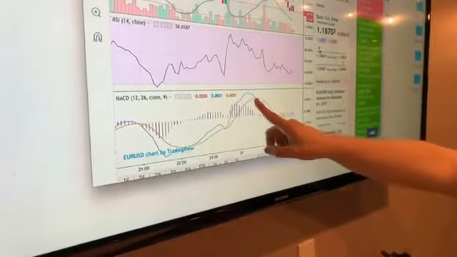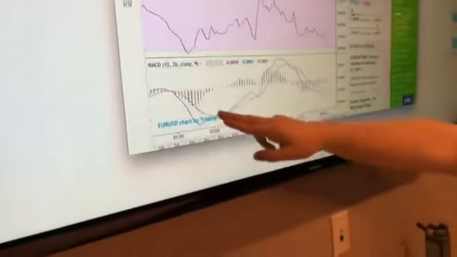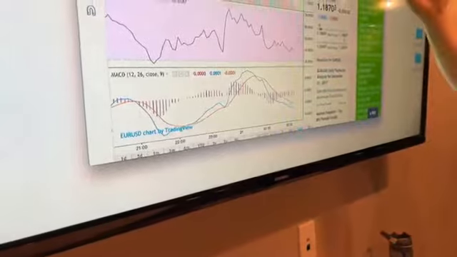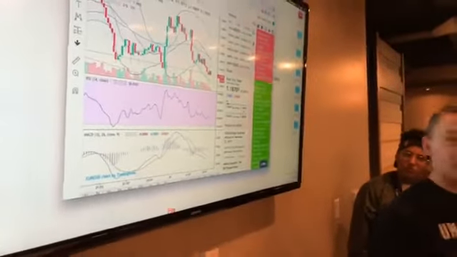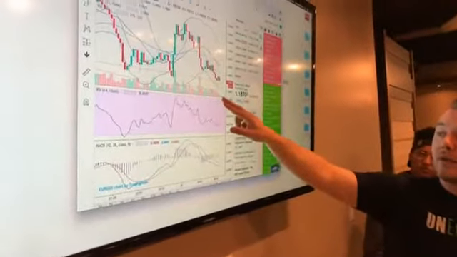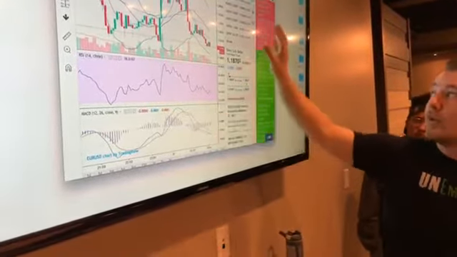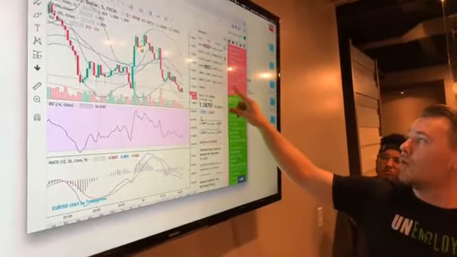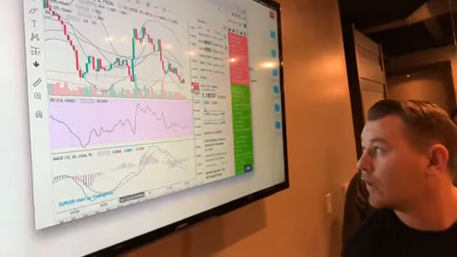When it's up here, this is a sell crossover. When it's down here and the blue line is crossing up above the red, that'd be a buy crossover. So if this was a sell, for some strategies, and we have over a dozen different strategies, you'd want to see this up here and this crossing down like this, but you'd want to see that here when the trade is called.